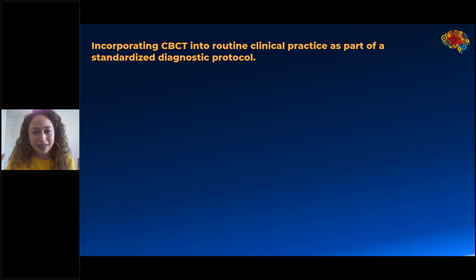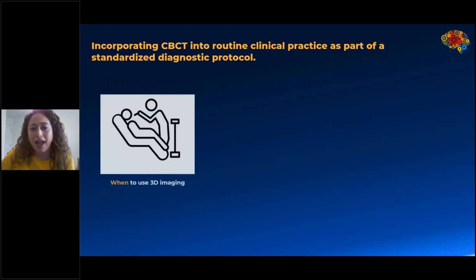This doesn't mean that we're going to use CBCT every time a patient walks in the office, but it means we should think of CBCT just like we think of pans or bitewings or periapicals, as an option. So think of it as an option before taking a pan or a bitewing.